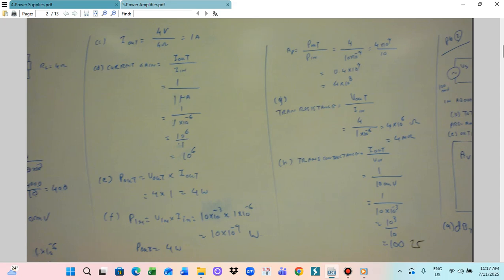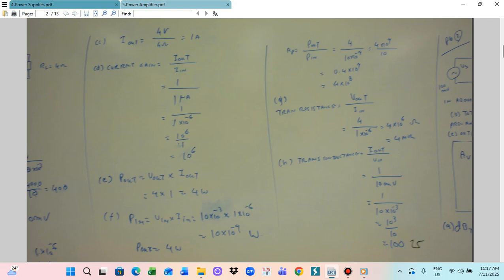This is the equation to calculate the voltage gain and the current gain. Firstly, the voltage gain in dB. The formula is AV in dB is equal to 20 log 10 V2 by V1.